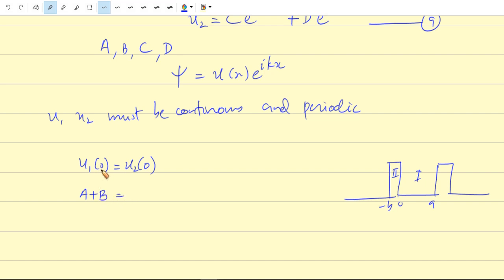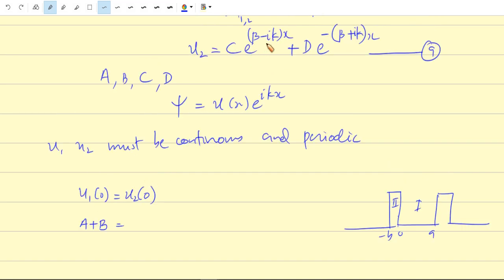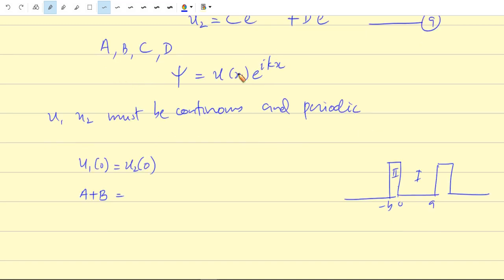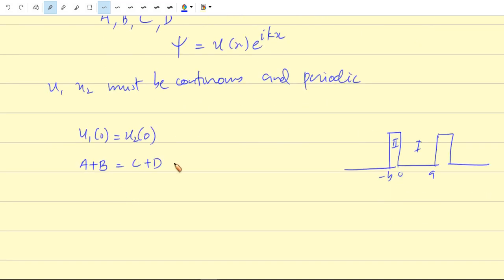When x is equal to 0, e raised to 0 is 1, so u2 is equal to c plus d. This is equation number 10.